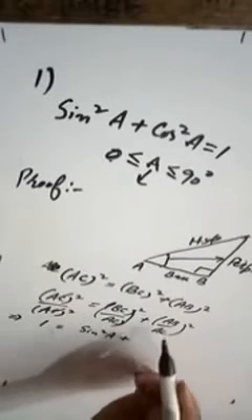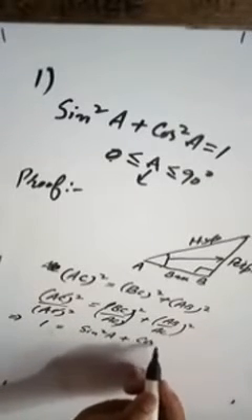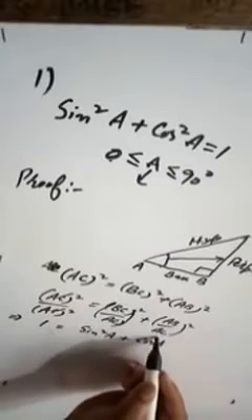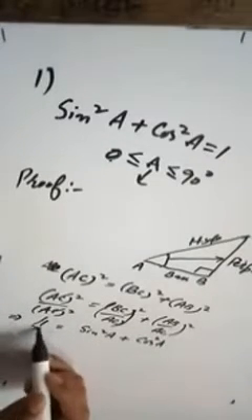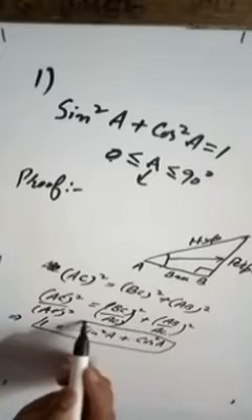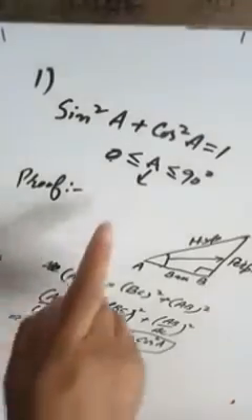Base by hypotenuse is cos of angle A, but it is having a square. So what I have proved here is sine square A plus cos square A is equal to 1. But you have to remember in this question that the angle involved is 0 to 90 degrees.